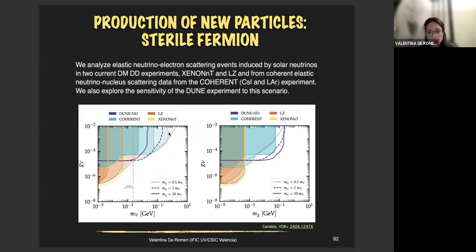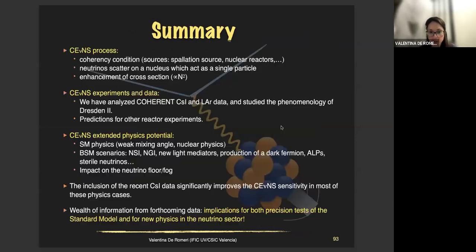And in the future, DUNE would improve even more, in particular testing also heavier sterile fermions that cannot be produced at COHERENT, for instance, because we have some kinematic limit dictated by the neutrino source. So the message here was that COHERENT can also play a role in this case, providing relevant information on a possible BSM scenario like the upscattering of a neutrino into a sterile fermion.